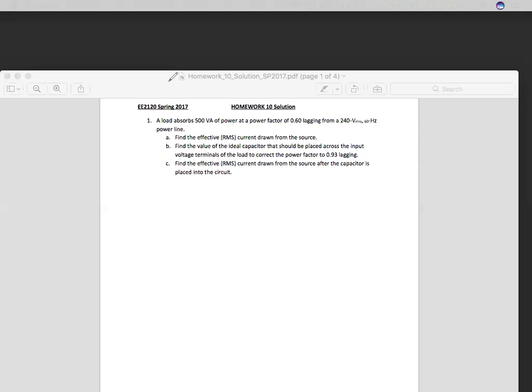So to do this is our simple Ohm's law, which is V equals IR.